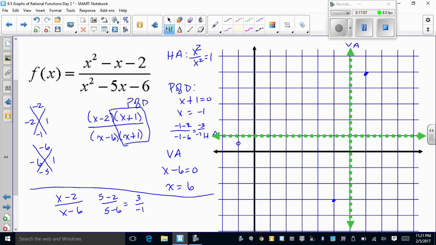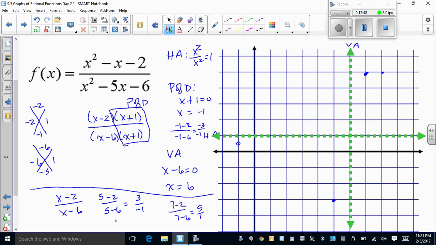7 minus 2 over 7 minus 6 gives me 5 over 1. Something's not right. Let's verify it.